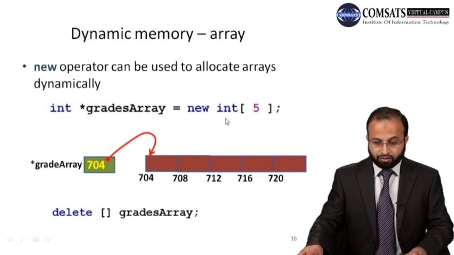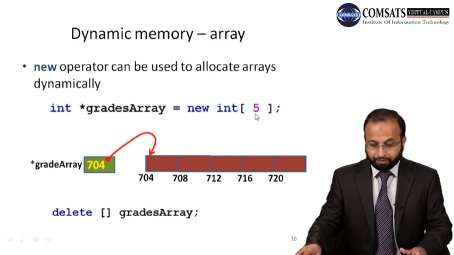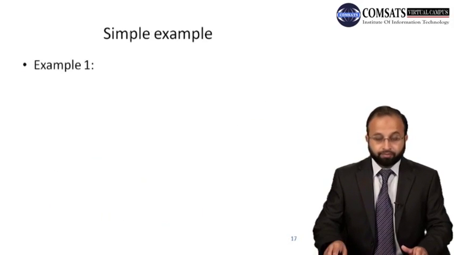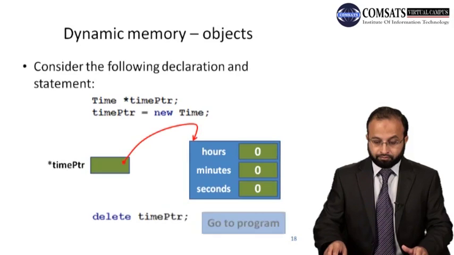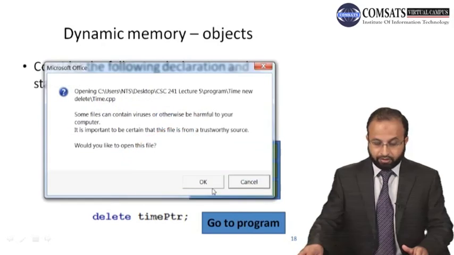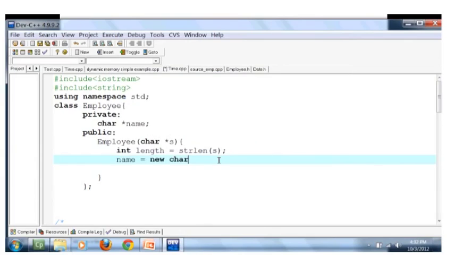Okay, this is the syntax of dynamically creating an array: new, type, and the number of values you want to store, right? Now let's go to the program. So our program is here, character, and how many characters do we want to store? This is length plus 1. So plus 1 is for the null character, right?